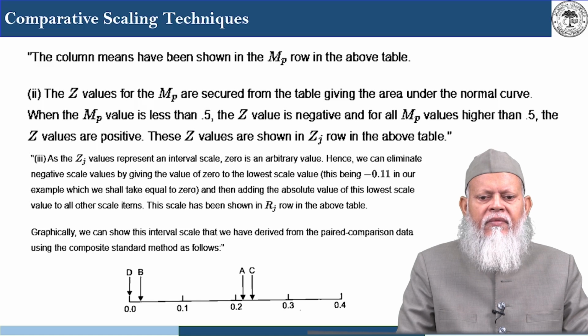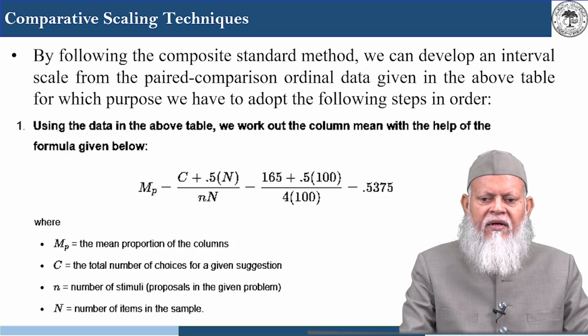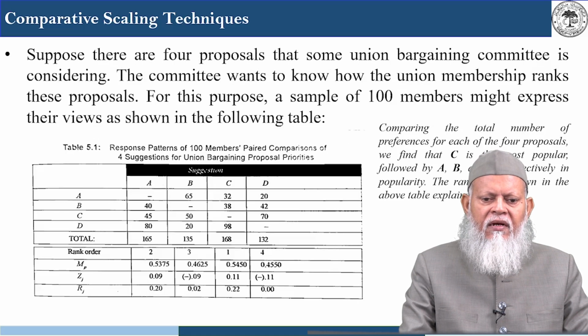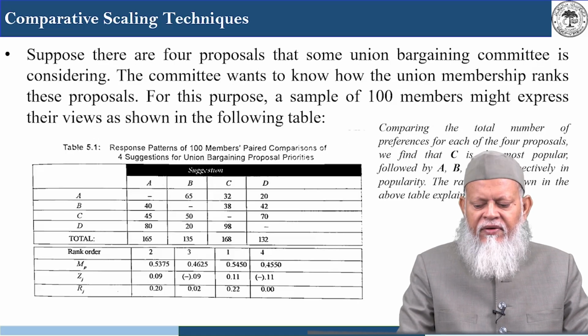Then, as the Zj values represent the interval scale, 0 is an arbitrary value. Hence, we can eliminate negative scale values by giving the value of 0 to the lowest scale value, which for us is minus 0.11.